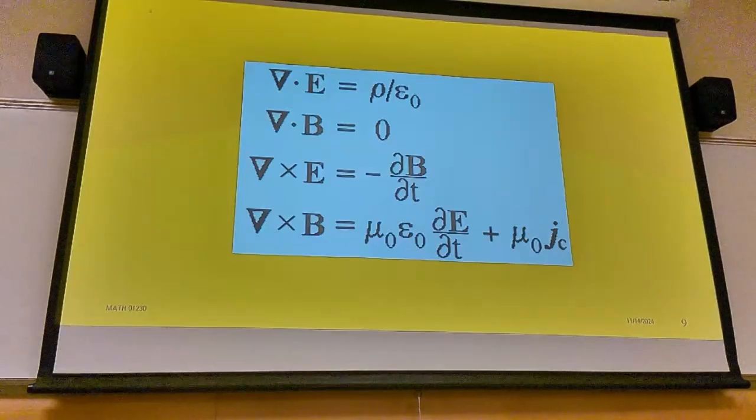Epsilon naught and mu naught are universal constants. Let's see if I remember the order. Epsilon naught is the permittivity of free space, and mu naught is the permeability of free space.